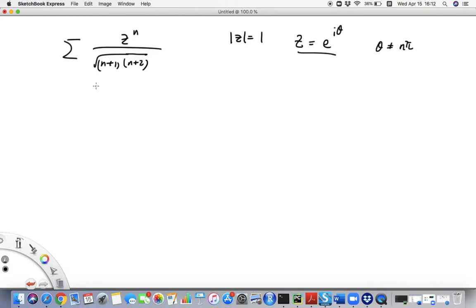Now z to the nth is e to the i theta to the nth, so that's e to the i n theta.